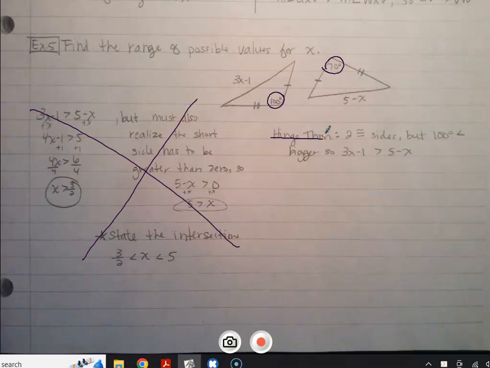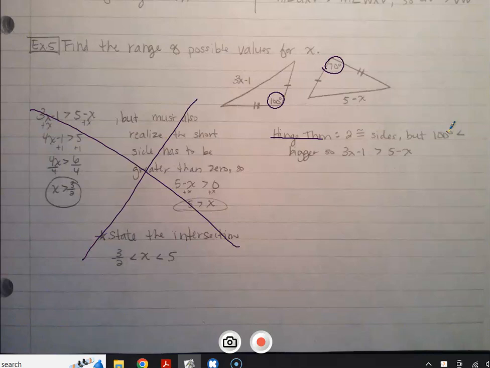Keep going. Two congruent sides, so you took those. But then the 100, what's that little circle? Degrees, but 100 degrees is bigger, so it says the 3x minus 1 is bigger than the 5 minus x.